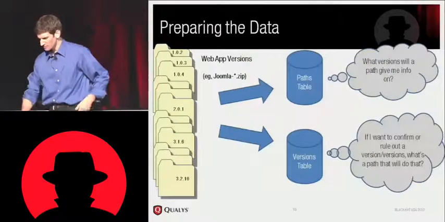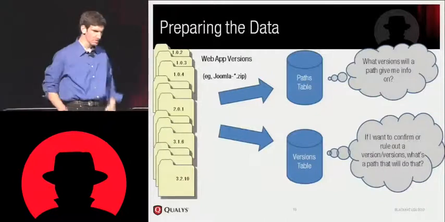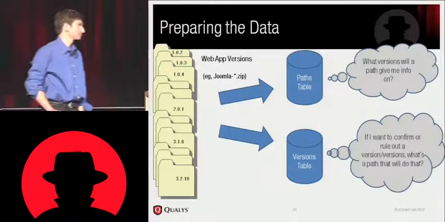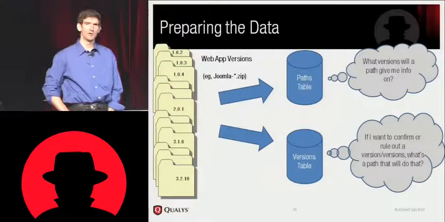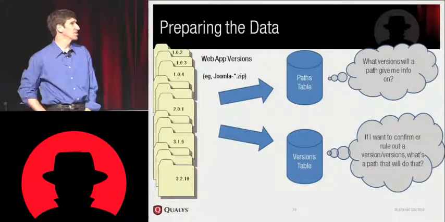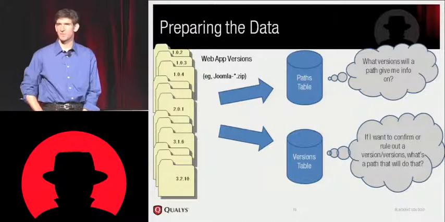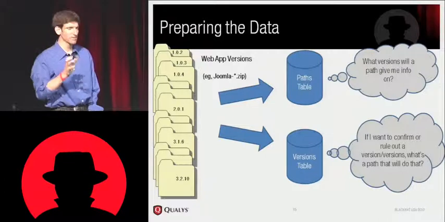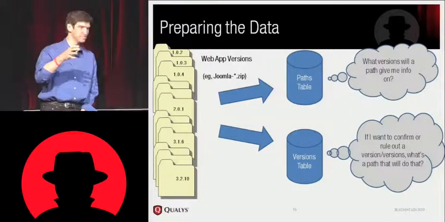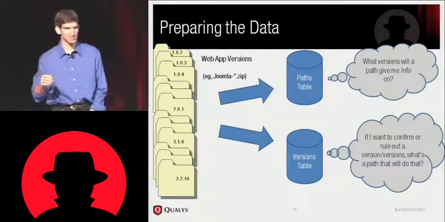Okay, so how do we do this? Preparing the data. Go get every possible version of an app that you can get your hands on. Whether you go to Subversion and check out all the tags, or they've got a nice archives page and you just right-click and say download everything here, however you want to get those versions, dump them into a directory, unpack them. I've got some scripts for that.